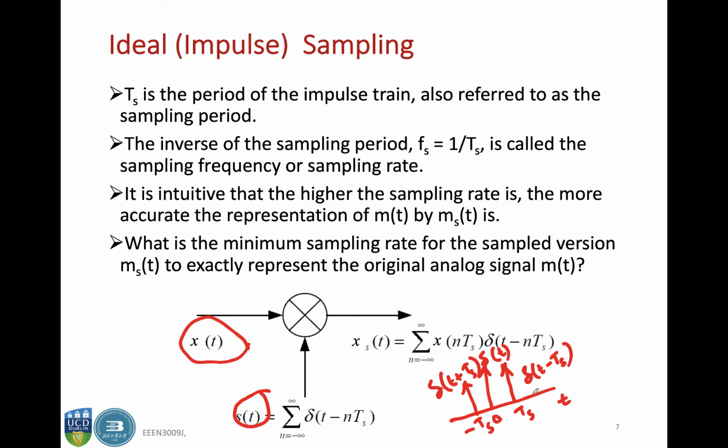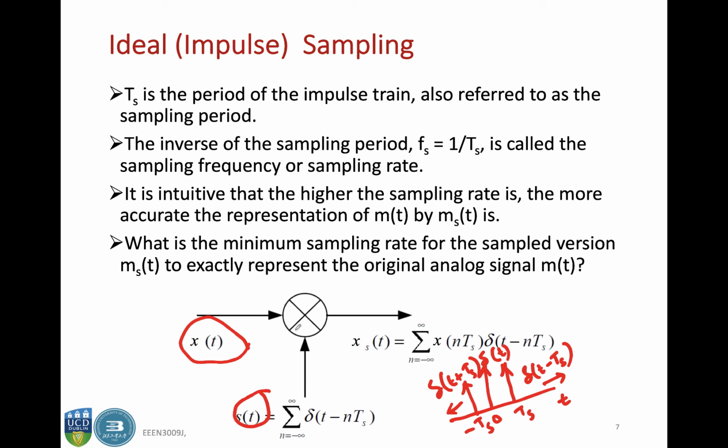So if you keep doing this throughout the positive t-axis and the negative t-axis, then you basically get an impulse train, and that can be represented by this equation: delta of (t minus n Ts), with n running from minus infinity to plus infinity, and if you sum them all, then you get an impulse train like this.